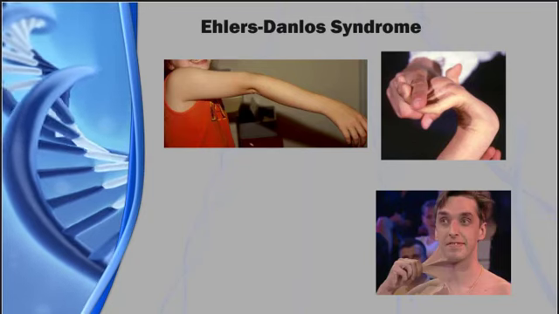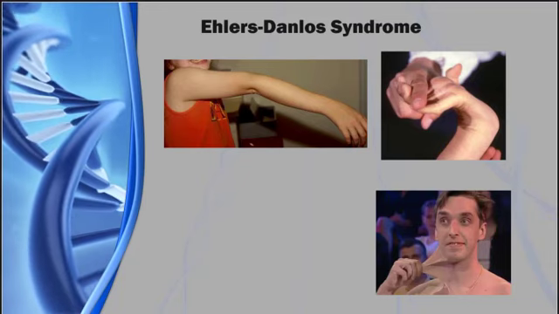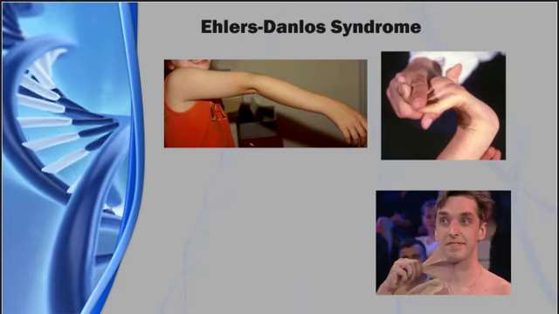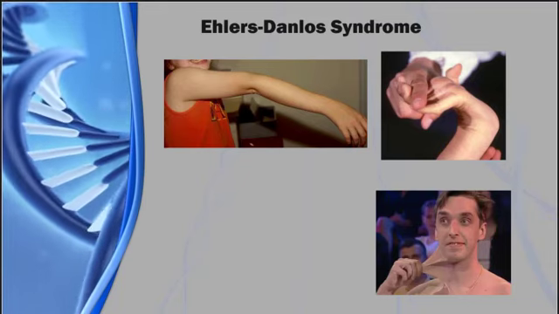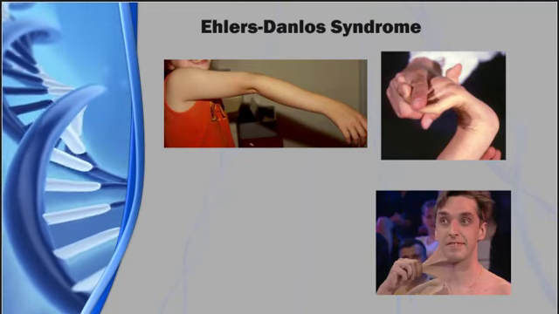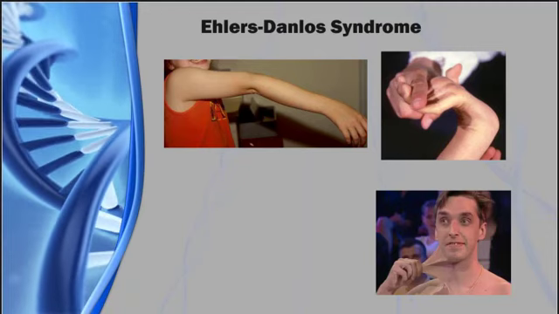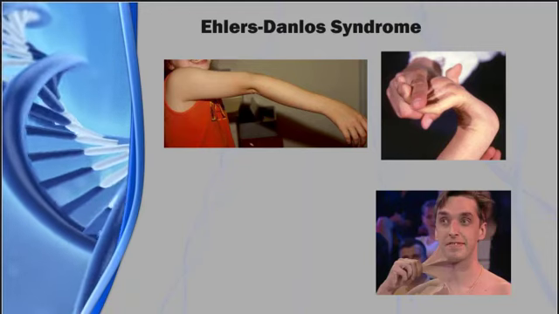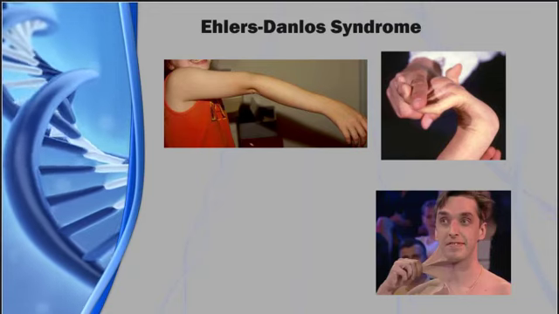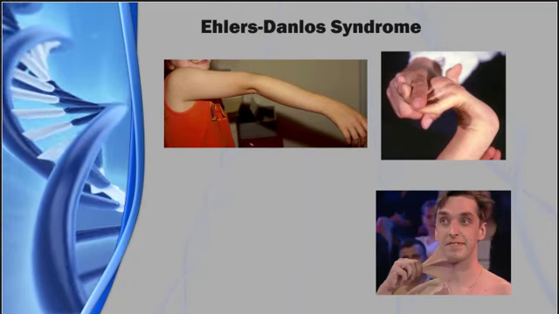So the common characteristics are going to be skin hyperelasticity and joint hypermobility. So these people have the ability to bend their joints in ways that you and I cannot. Their skin is going to be super stretchy, so they can pull it out way further than we could. They're going to have muscle weakness, poor body control, but their mental development is completely normal.